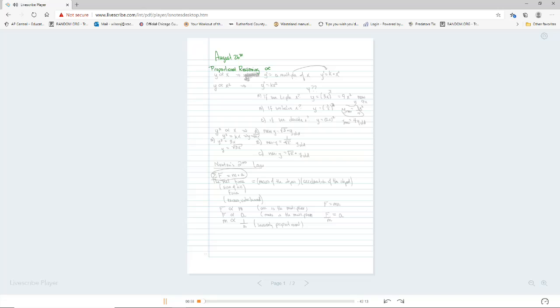So proportional reasoning. If I say that y is proportional to x, what that means in English is y is a multiple of x.